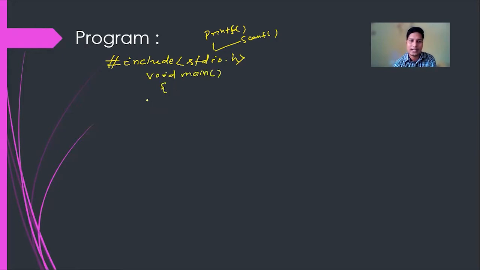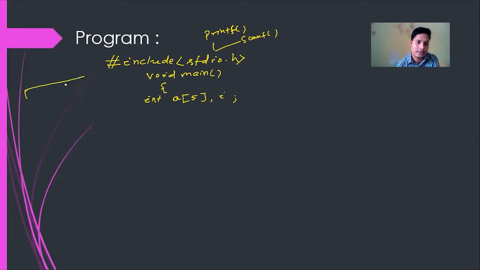So inside the main function I am declaring int a within brackets, suppose 5, then a semicolon. So the array is a of 5, that is, 5 elements can be stored in this array.